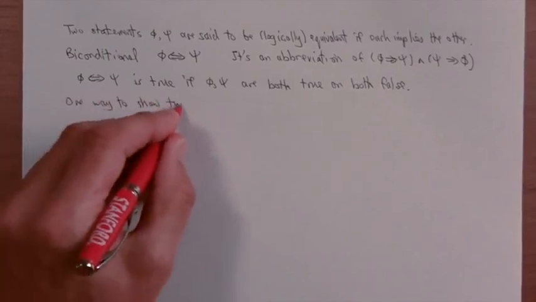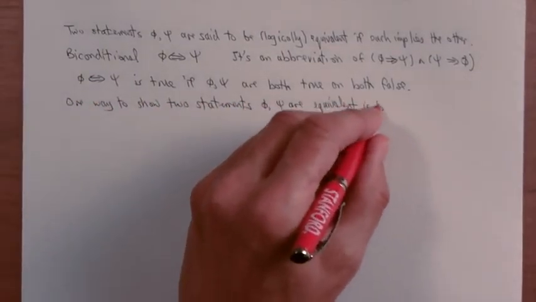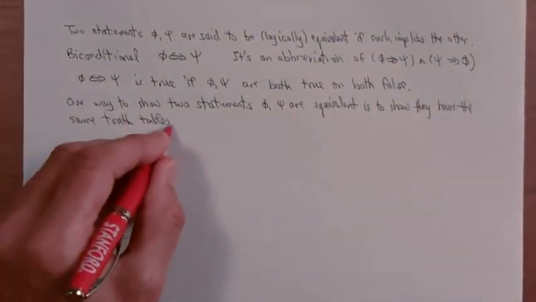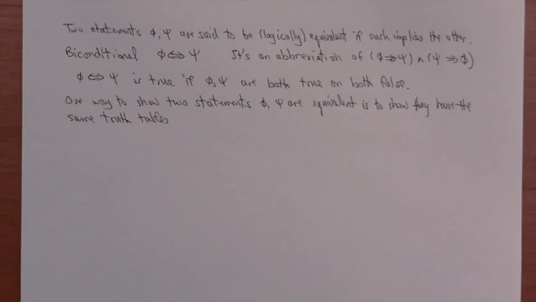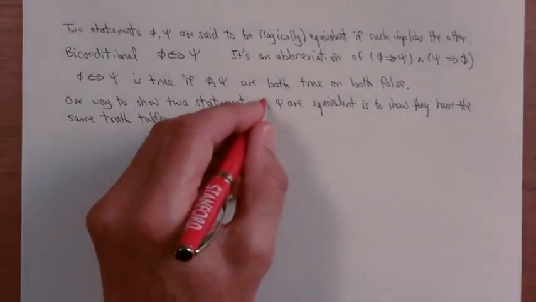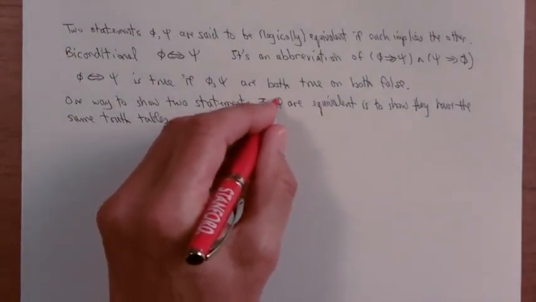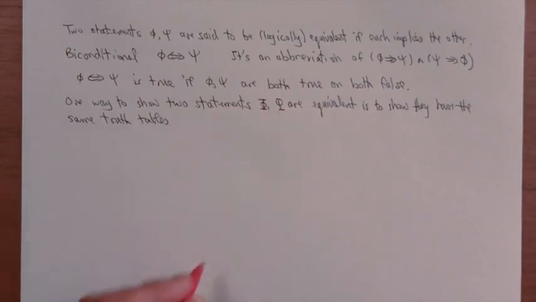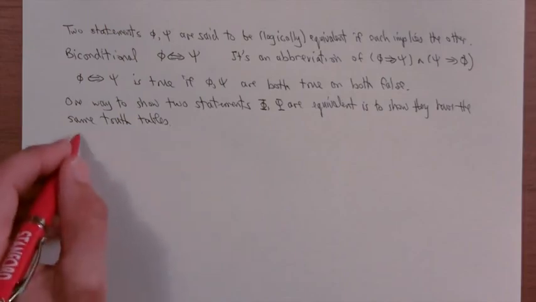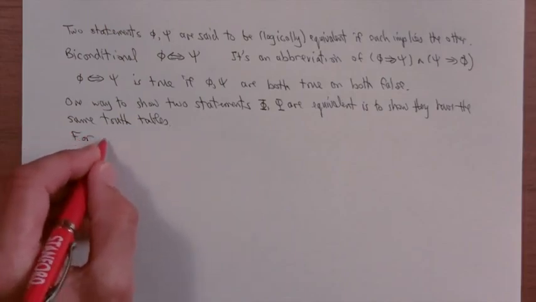One way to show that two statements phi and psi are equivalent is to show they have the same truth tables. Actually, to avoid confusion, let me change those to capital Phi and capital Psi, because I want to use the lowercase phi and psi for something else. Because here's the example I'm going to look at.